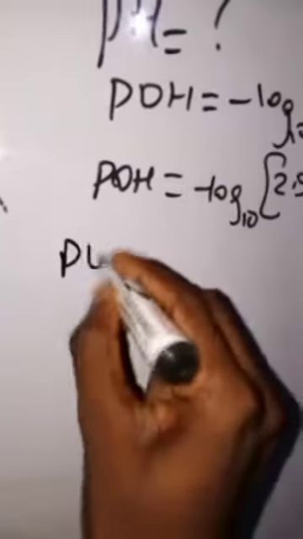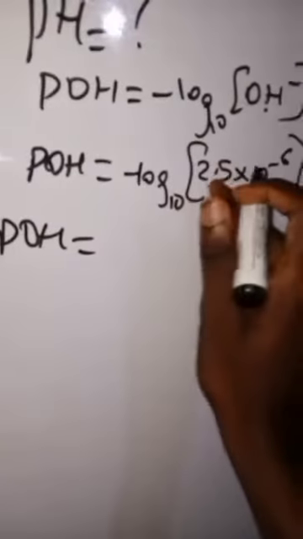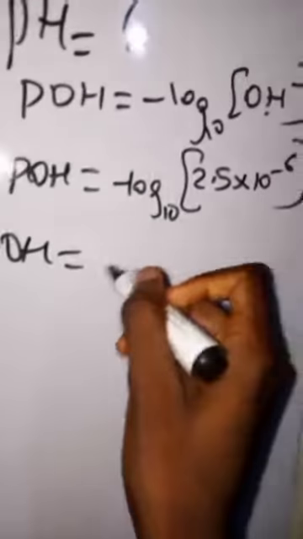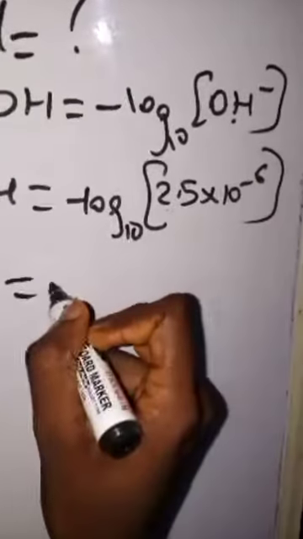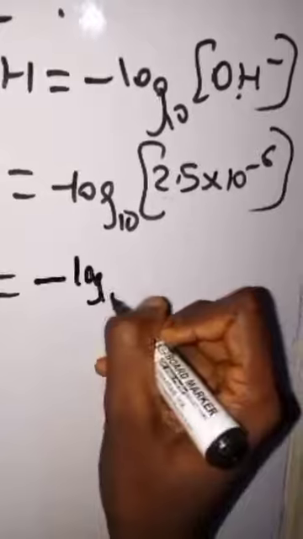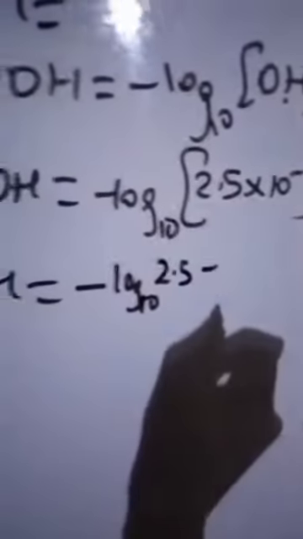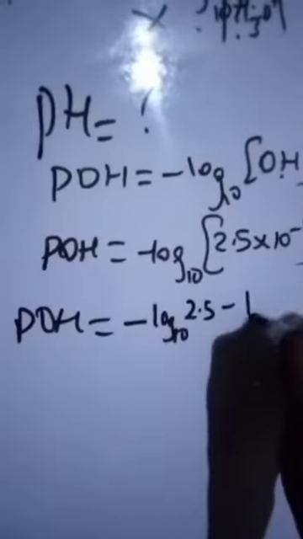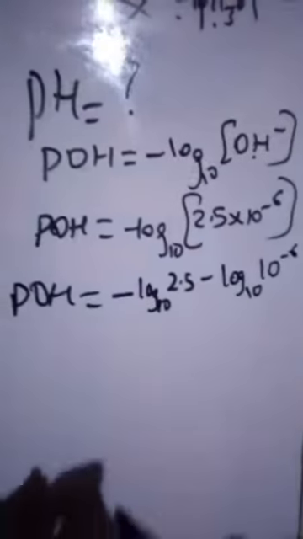You try to open the bracket since this one is a number. In the other case, it's just been 0.01, so it's not significant, like we are having one. But here we have a special case. So let's open the bracket. Minus log base 10 of 2.5, minus log base 10 of 10 raised to the power minus 6. So yes, let's finish it up.